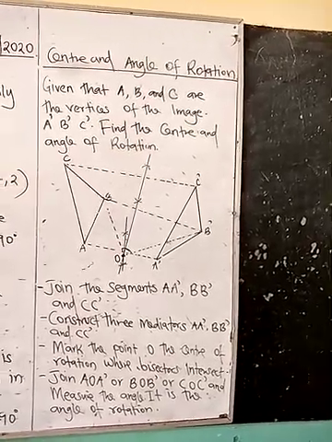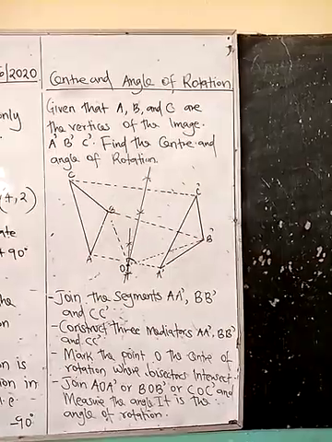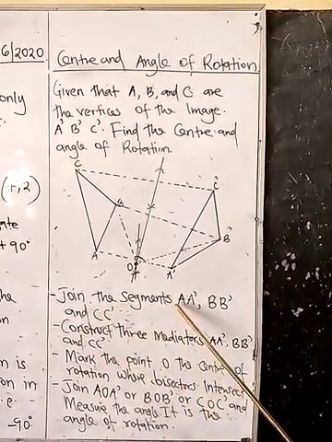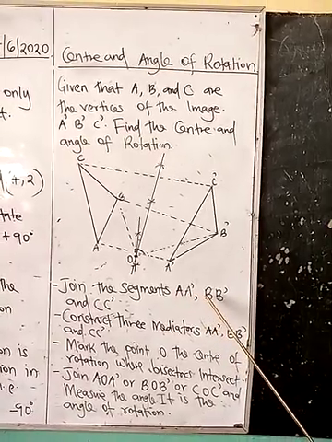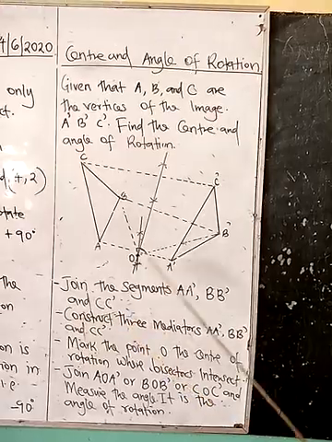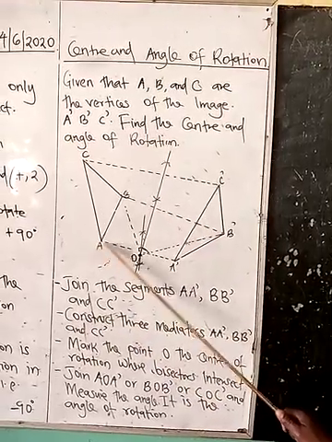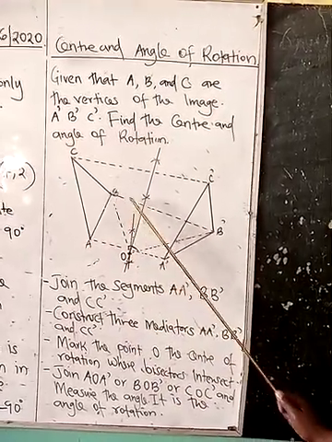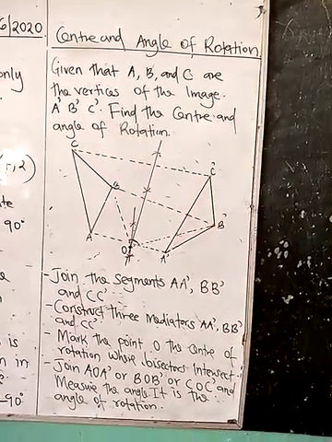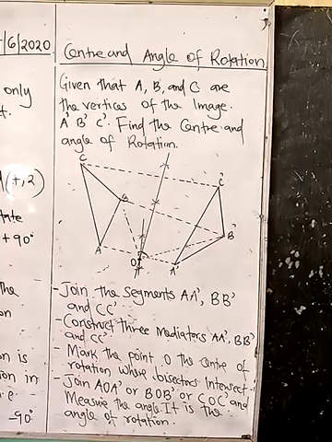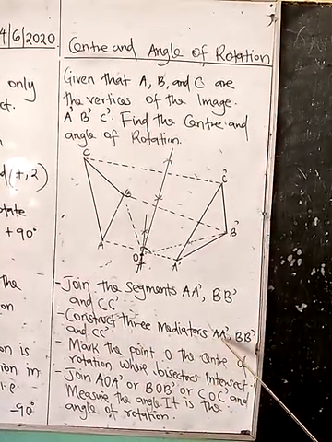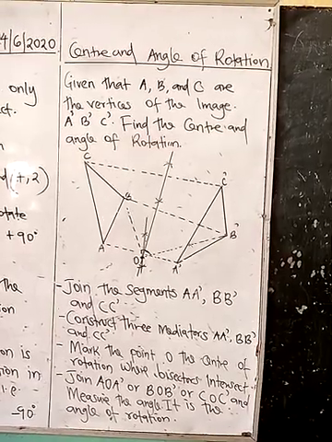Now, to find the center and angle of rotation, the first step is to join the segments A to A prime, B to B prime, and C to C prime. Then construct three mediators, where mediators means the bisectors.